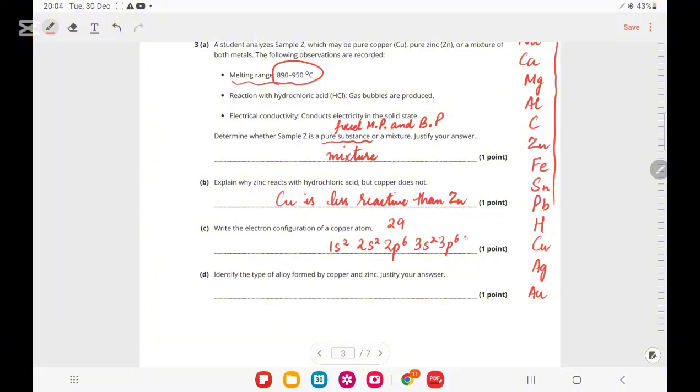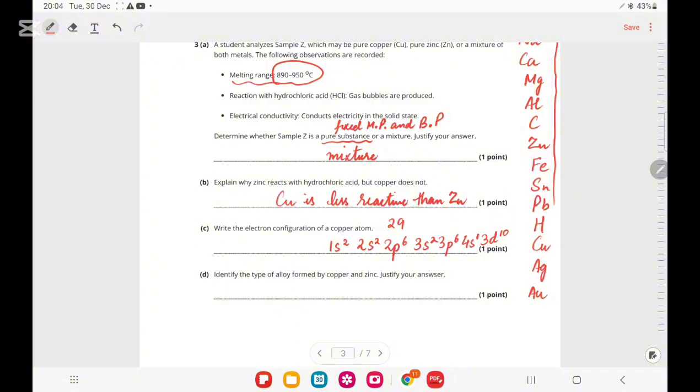Then we know the 4s. First we are going to write 4s1 because we always write it first, and then we are going to write 3d10, because in copper the electron from 4s transfers to 3d. It happens in copper as well as in chromium.